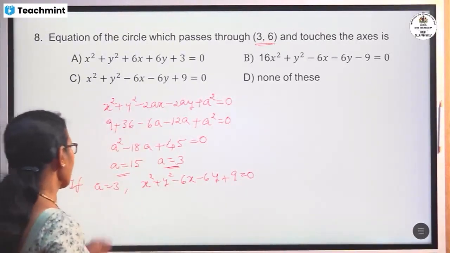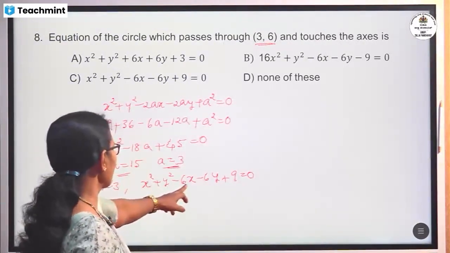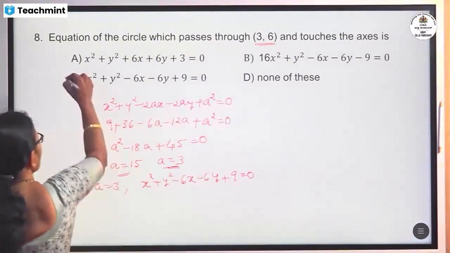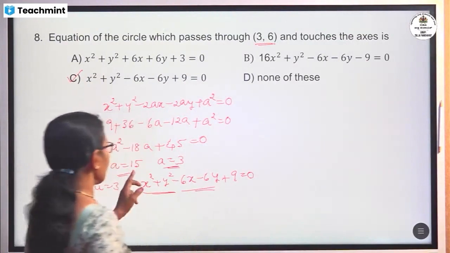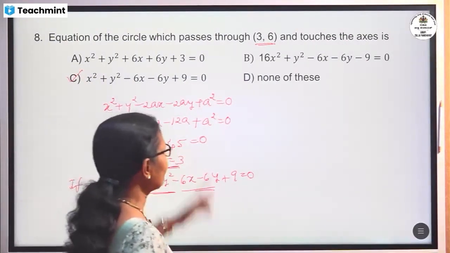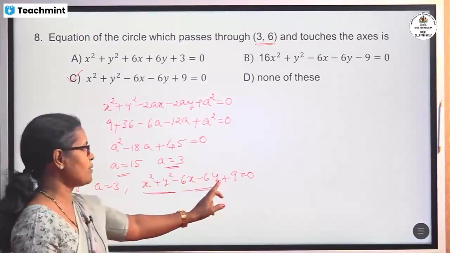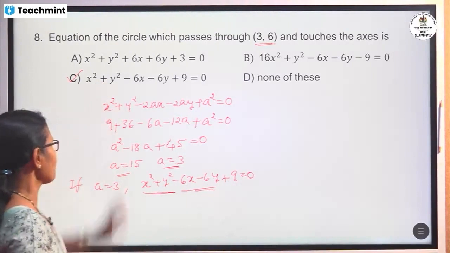Therefore, the correct option is x square plus y square minus 6x minus 6y plus 9 is equal to 0. So, C is the correct answer. Why can't we take a is equal to 15? Not given there. So, option C is the correct answer.